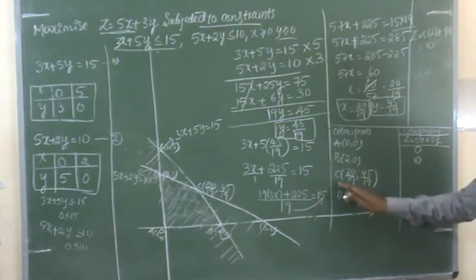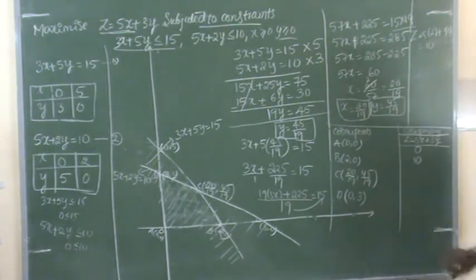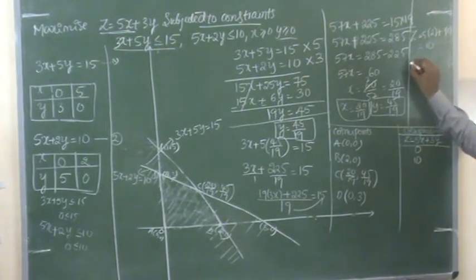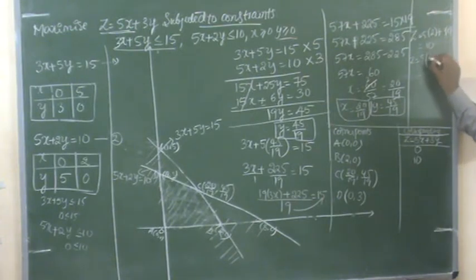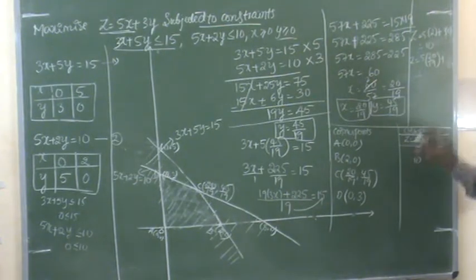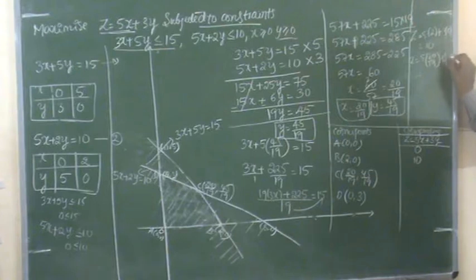Next, for point C, Z is equal to 5 into 20 divided by 19 plus 3 into 45 divided by 19.